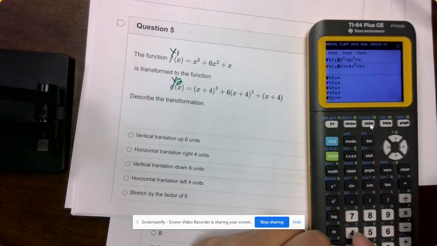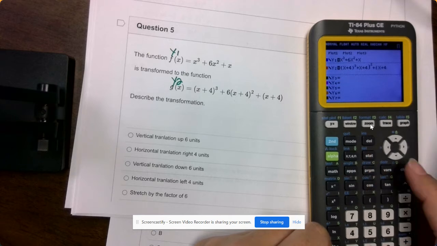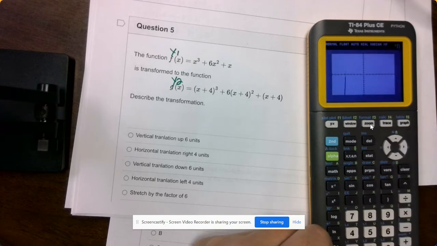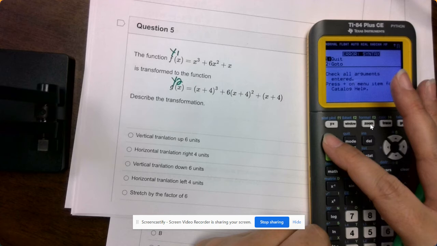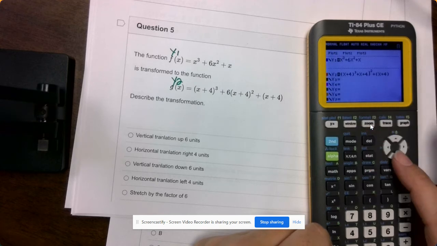X plus 4 squared plus parentheses x plus 4 again. Okay, then we're going to graph it. Oh, you know what?